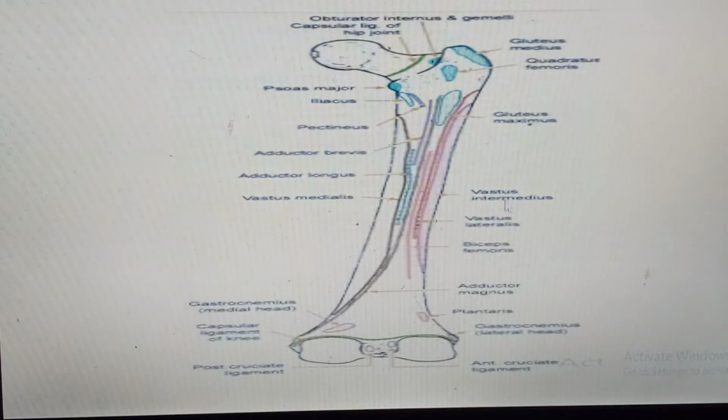Love is for vastus lateralis. B is for biceps femoris muscle. So I love B: intermedius, lateralis, biceps femoris.